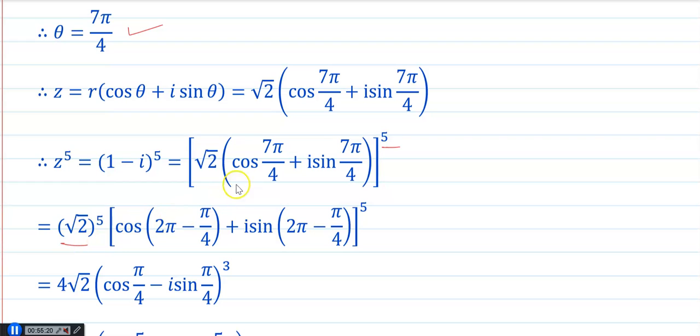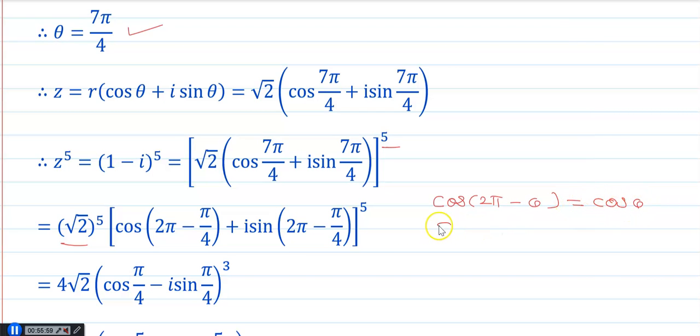It is written here. And this cos of 7 pi by 4 can be written as cos of 2 pi minus pi by 4. Again, sin of 7 pi by 4 is written as sin of 2 pi minus pi by 4. Again, by using the result, cos of 2 pi minus theta equals cos theta.